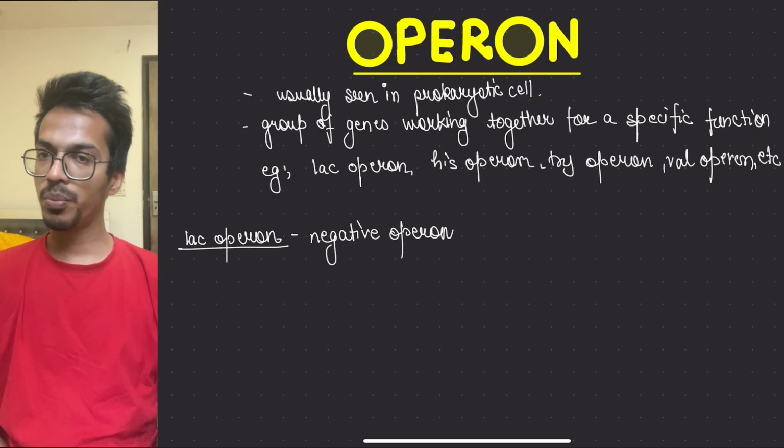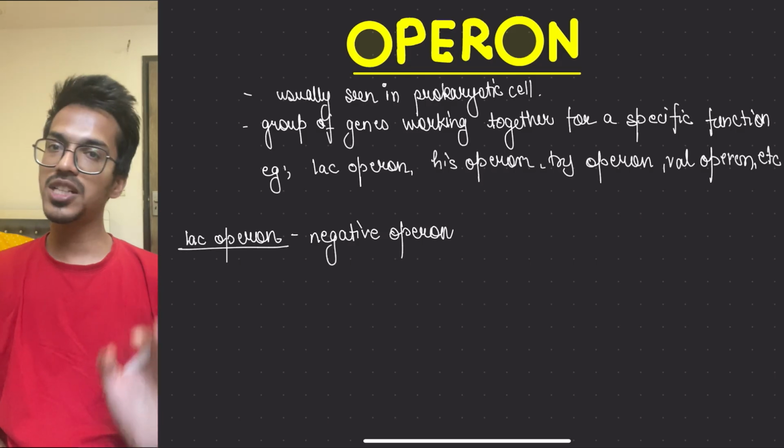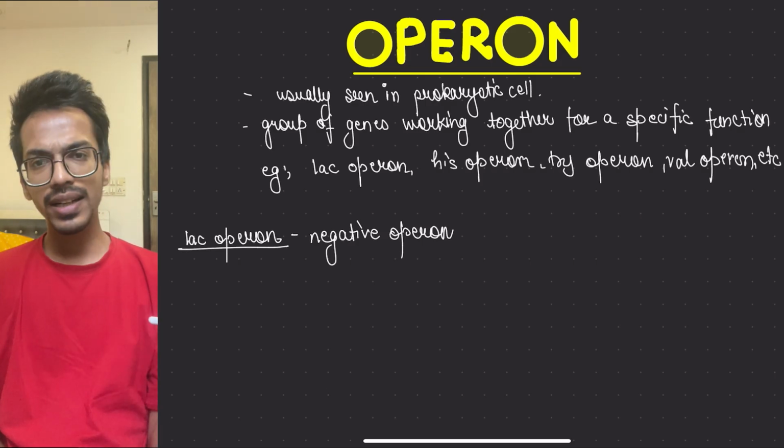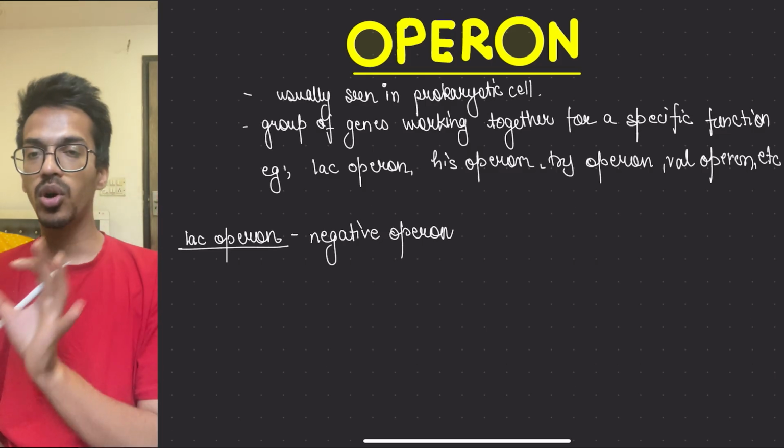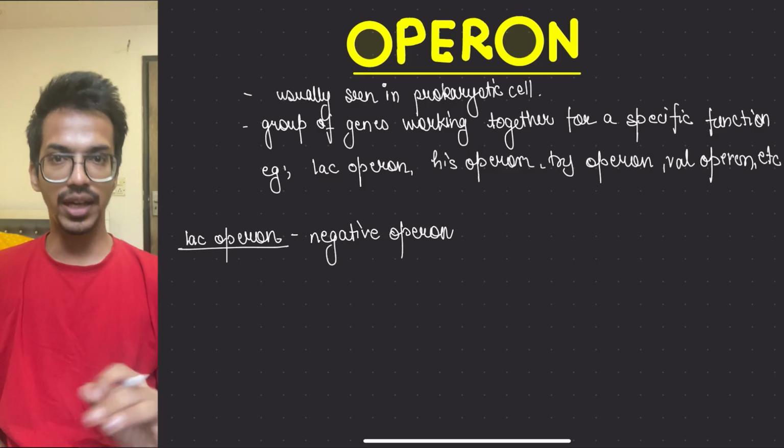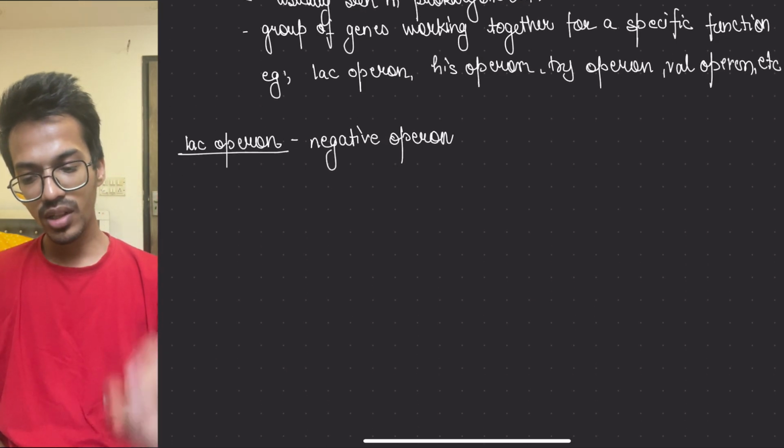So these are a group of genes. Where the genes are present, it must be on the DNA, right? So let's make a DNA and the segment which is working on this, and I will explain what it is doing.